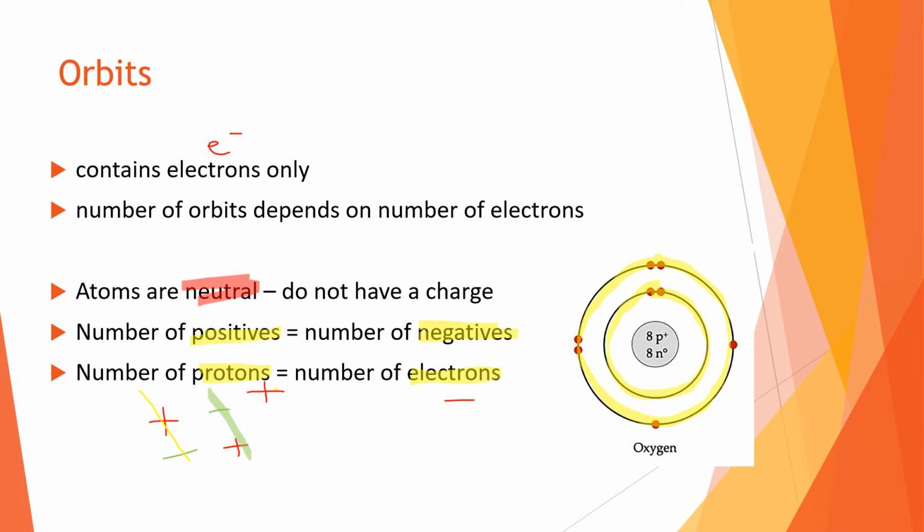Okay, so they balance out, they equal out, they cancel each other out for an overall neutral charge. Okay, so just to recap, we've learned that in an atom there is a nucleus. The nucleus contains the protons, the positive charges, and the neutrons, and the orbits contain the electrons that are negatively charged.